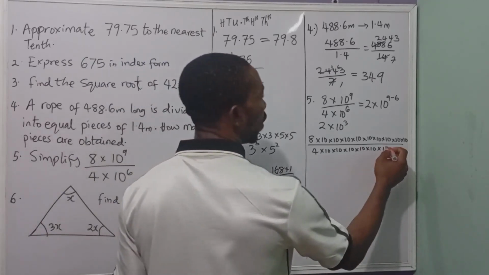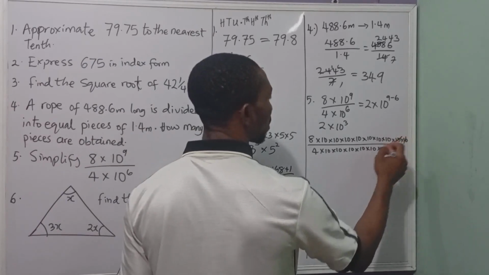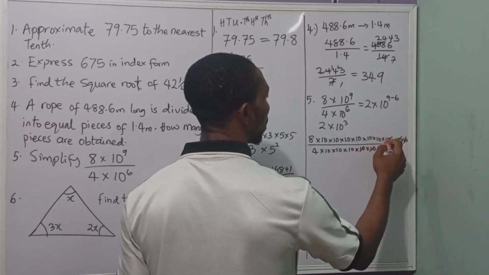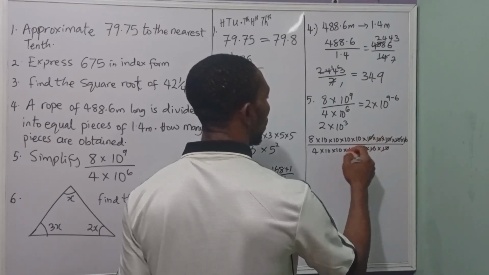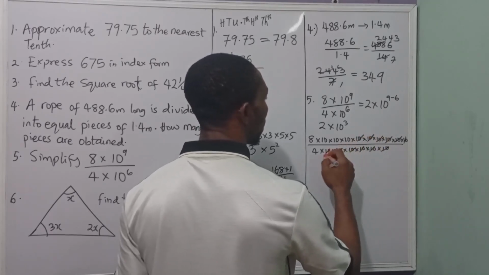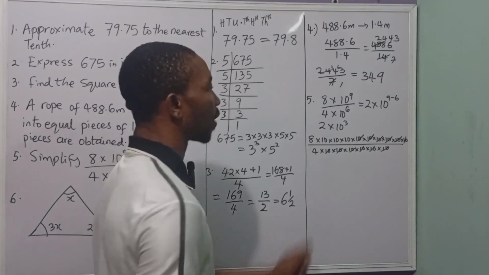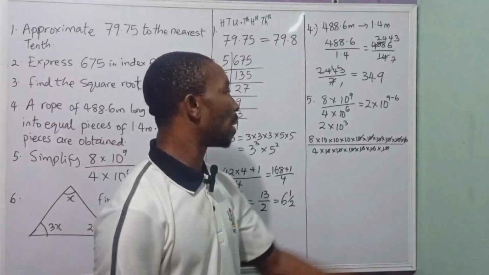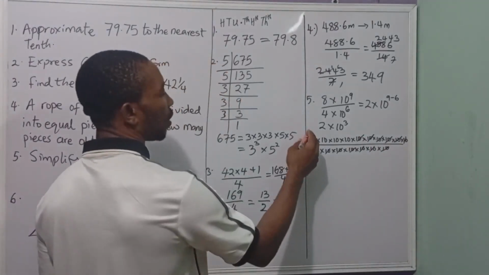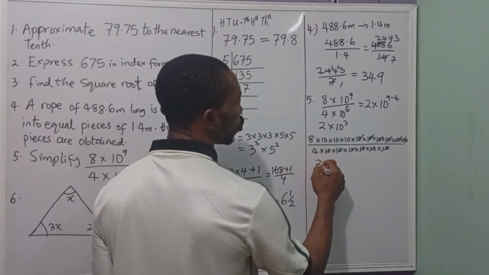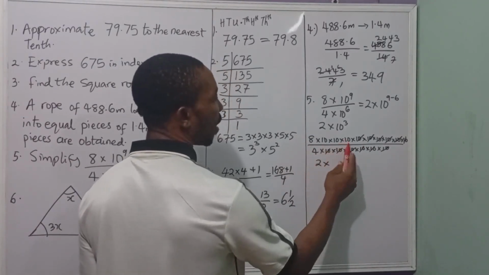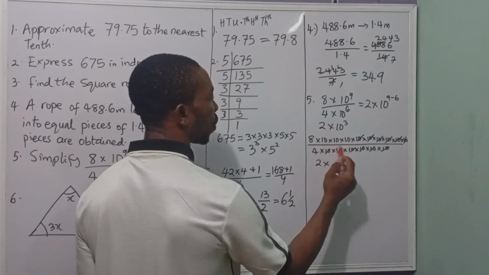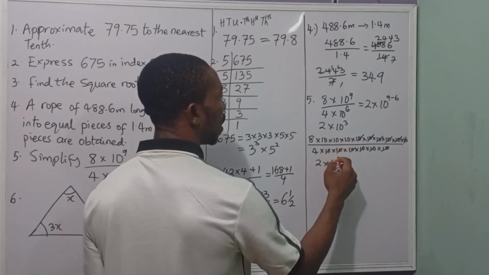So you can see, if we start cancelling out these things, we've cancelled out 6 from below and 6 from above. Now, 8 divided by 4 will give us 2 times, how many times do we have left? 1, 2, 3. 10 raised to the power 3.